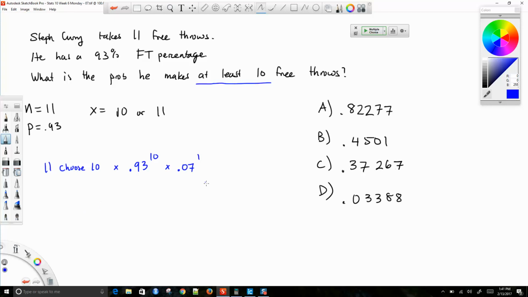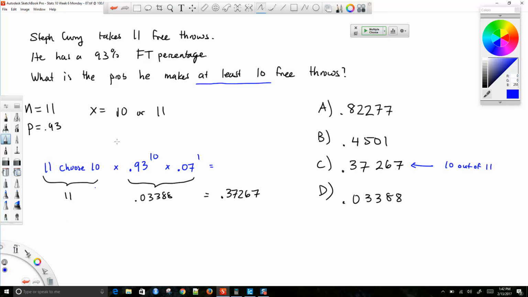When we do this calculation, 11 choose 10 comes down to 11, and then this part multiplies to 0.03388, and when we multiply this together, I get 0.37267. So this is the probability of making 10 out of 11 free throws.